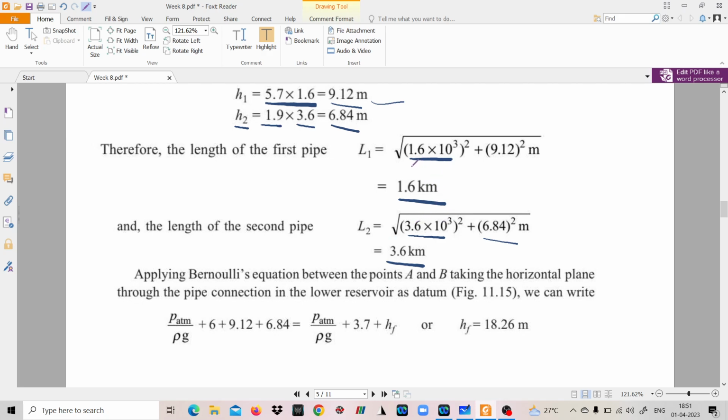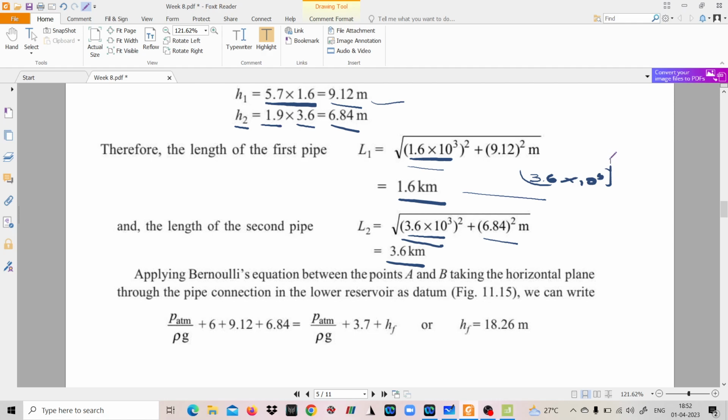See, why is this coming exactly the same as the length of the pipeline? This particular quantity, the first term, that is the horizontal distance, is in kilometers, so it is very large. You have a quantity in the order of 3.6 into 10 to the power 3, and then you are raising it to a power of 2, so you will get 10 to the power 6.